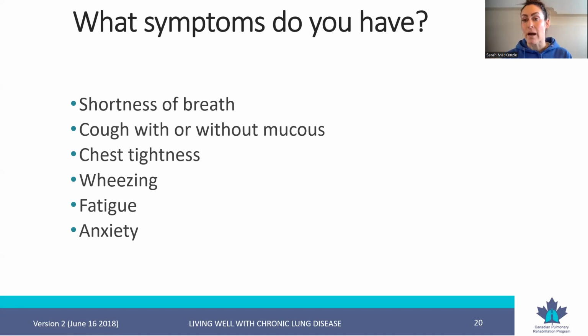And you'll also learn what action to take. Okay, so this isn't a requirement for graduation, but we will build on this information. So do your best to list those lung disease symptoms that you typically experience, and let me know if you have any questions about that, okay?